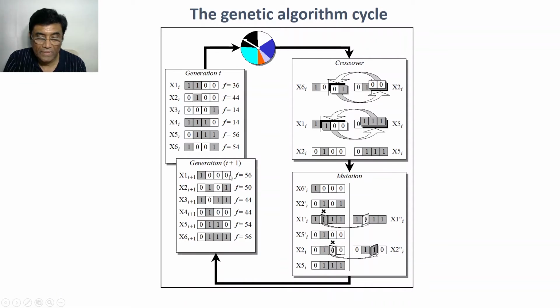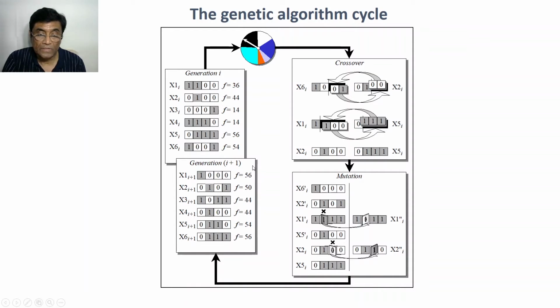Again you calculate the fitness values of all the chromosomes, and then you select them, and then the crossover operator you can use. You can crossover between these and these, and take this as cloning. This is your choice. Randomly you should do, so that the fresh population should improve.